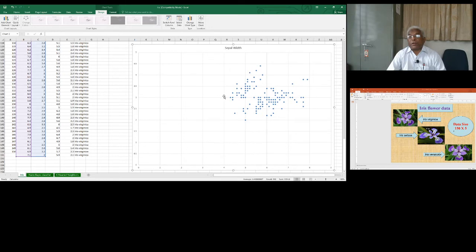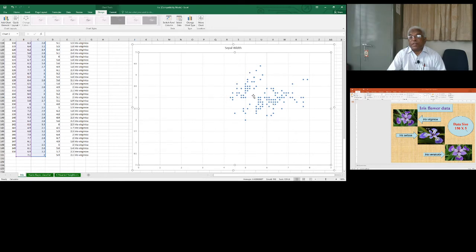Now this scatter plot will tell you that this is data corresponding to one species.